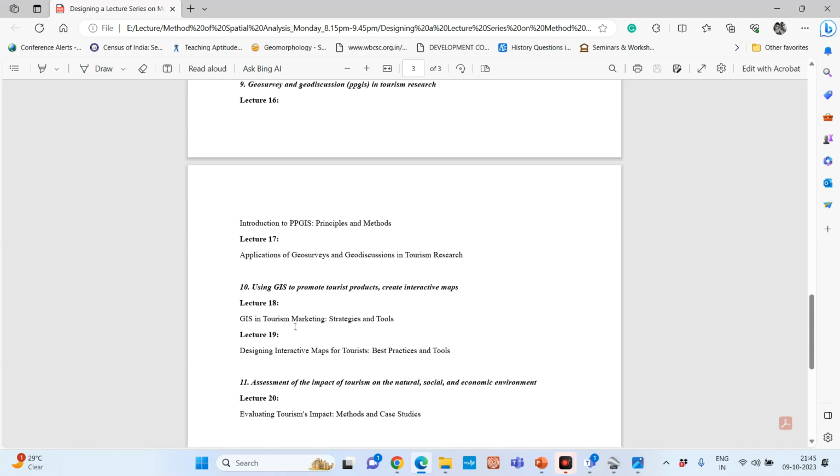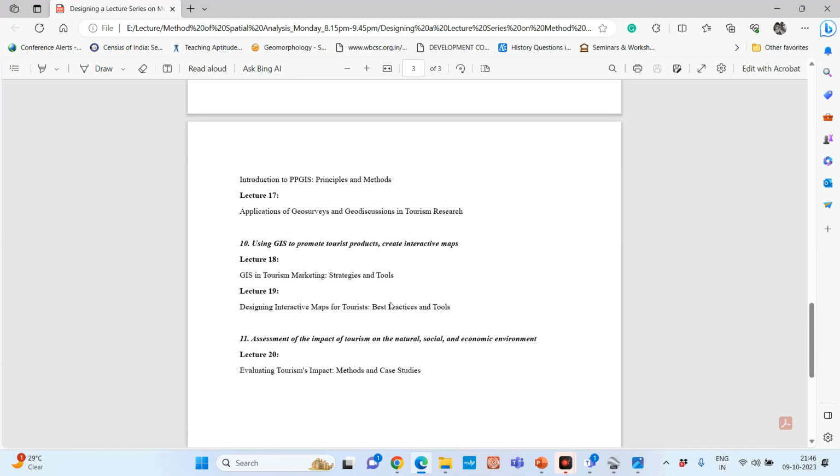Traditional marketing means the 4P model: product, price, place, promotion, those are the tools of marketing. Tourism is a service industry, so the product is the service. So how can we use GIS to represent the service? That is a qualitative thing, so how you will describe it, I will discuss.